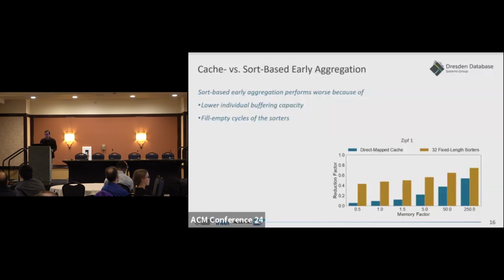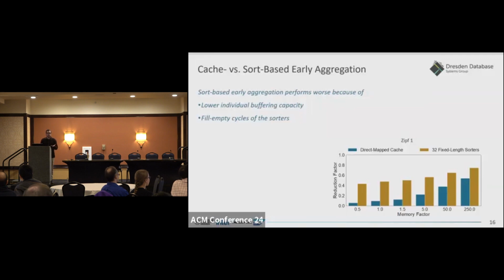One of them is that, as I said, for sort-based early aggregation, this buffer of the early aggregation algorithm has to be split between the different modules. And so it gives that a lower effective buffering capacity. And now the second reason is that for sort-based early aggregation, once the buffer of the early aggregation module becomes full, it then sorts it and flushes the entire buffer.